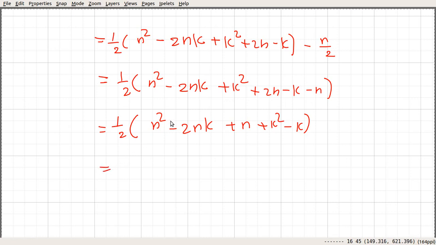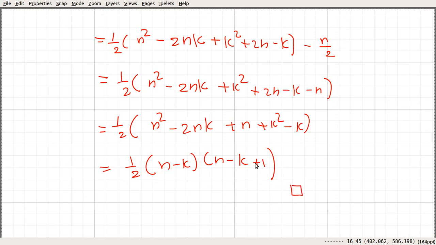So you can see that this is equal to 1 by 2 into n minus k into n minus k plus 1. If you multiply these together, you get n squared minus 2nk, then k squared, minus k, so that's the proof.